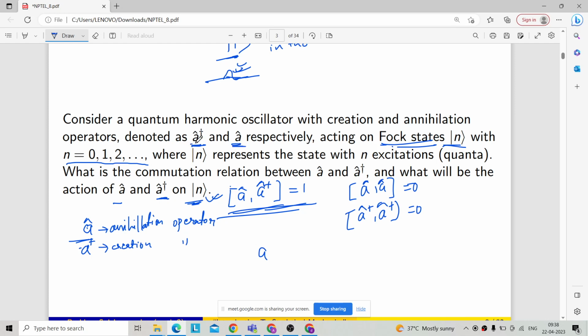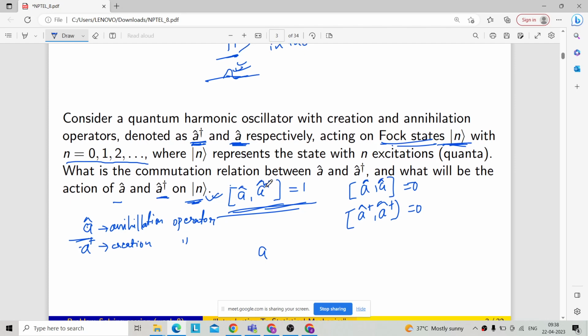So this is the creation operator and this is the annihilation operator, and they are acting on this Fock state. This state means there are n excitations or n particles in that field, Fock space.